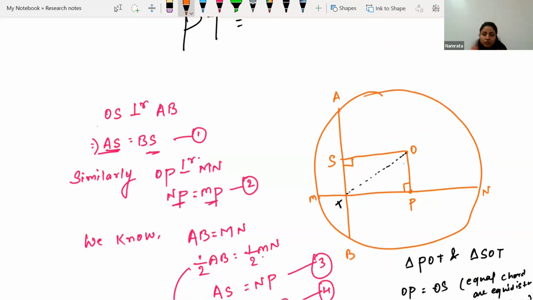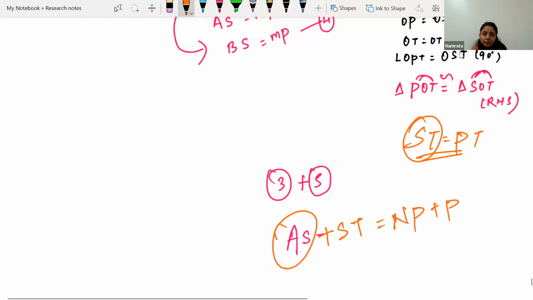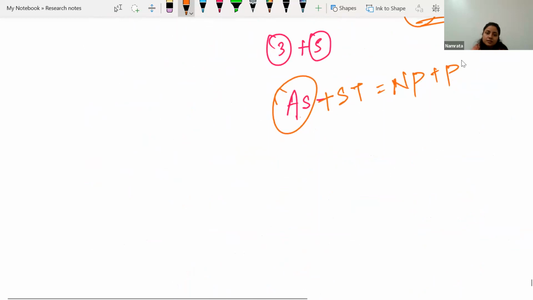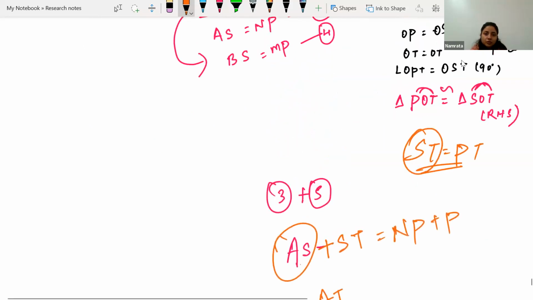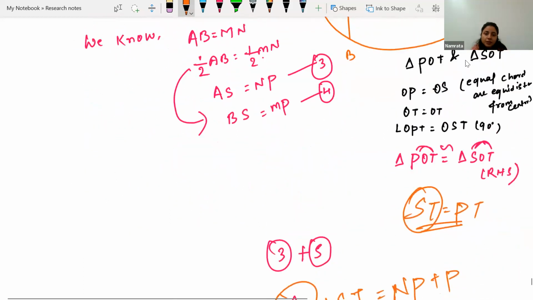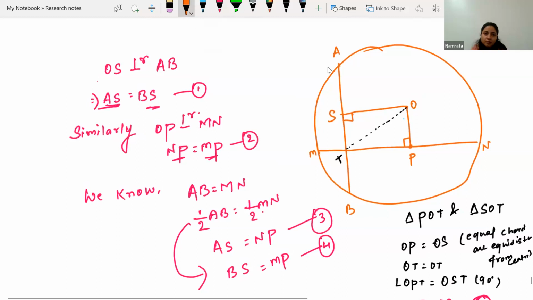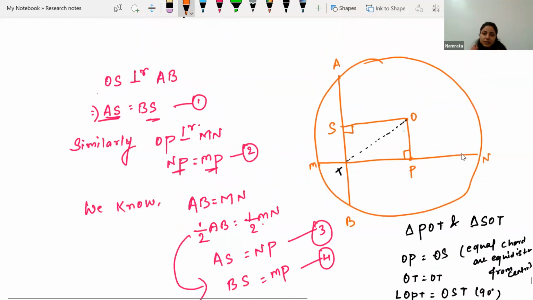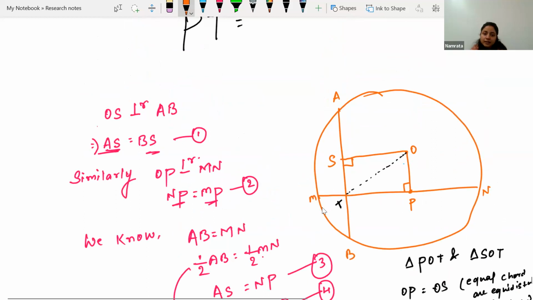Anyone having any doubt over here? Can we say it is 80? According to the figure, AS plus ST is 80, and NP plus PT, if you focus, it is NP plus PT.